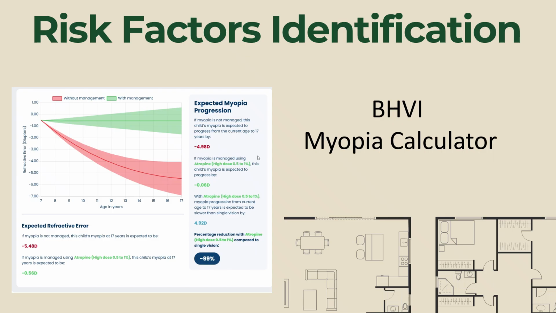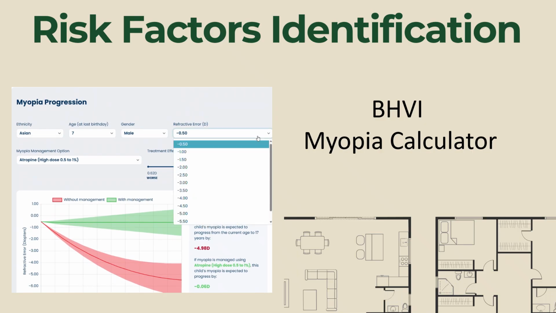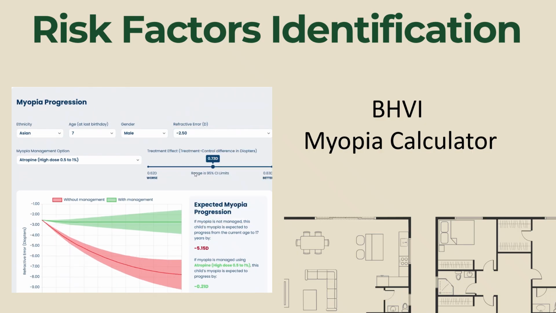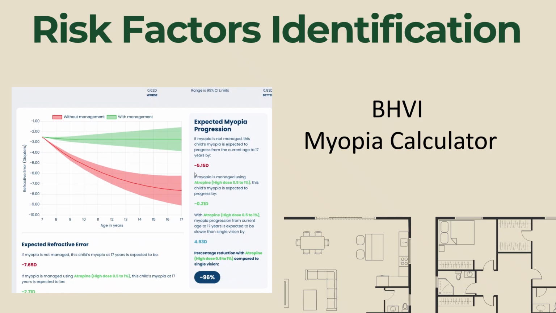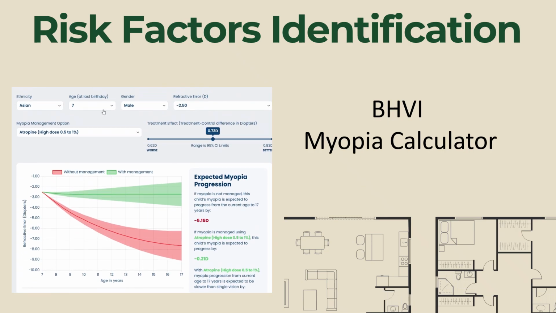So these calculators are very useful when you have to tell the patient, number one. Number two, for your own self also, you can see what is there, who will progress, and then gradually you can actually validate whether in your patient that really happens or not.